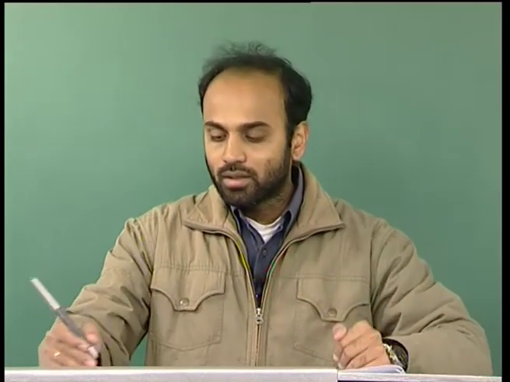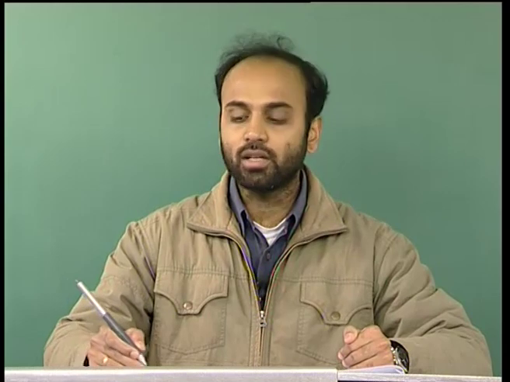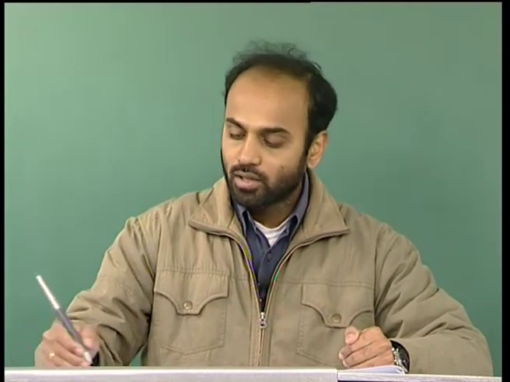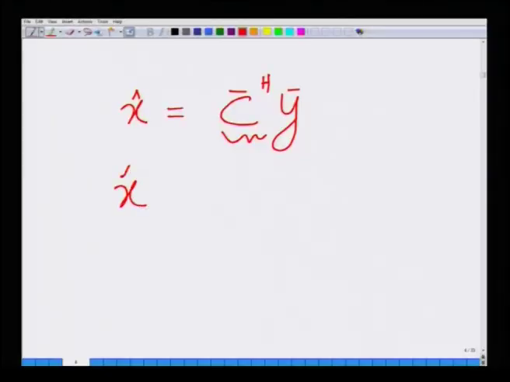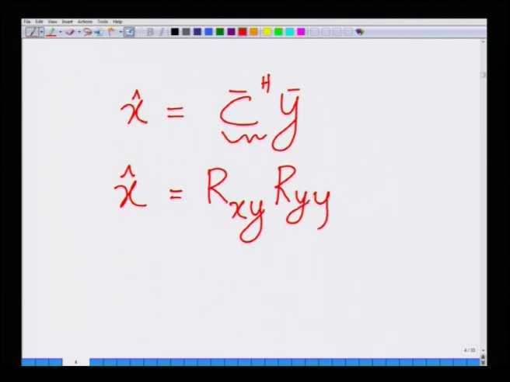What I am saying is, although I have not shown you the proof explicitly, the same expression can be used, that is x hat equals R x y into R y y inverse into y bar. I am saying this expression can still be used when y bar and x bar are vectors. All right. So now we know how to construct the MMSE estimator.